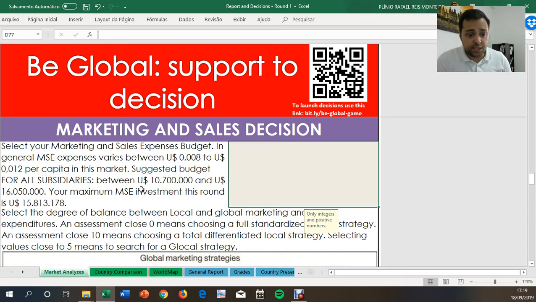But indeed, this company can only spend $15 million, very close to $16 million. So let's say that I'm going to spend the maximum. So it will be 15 million 800.